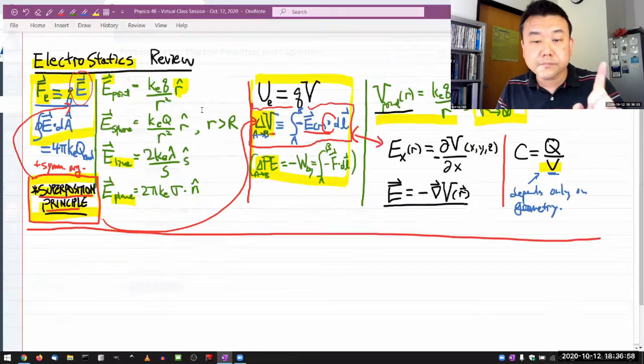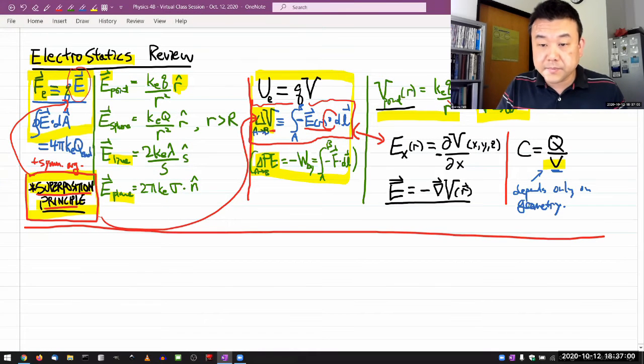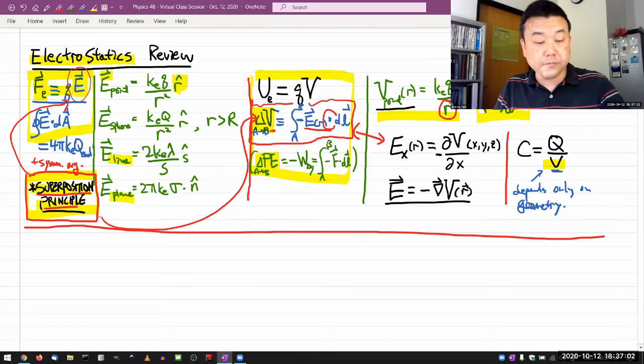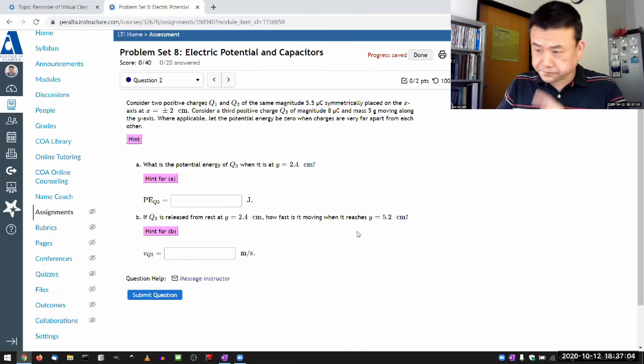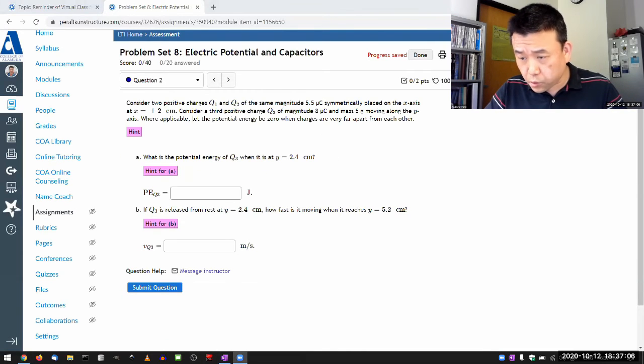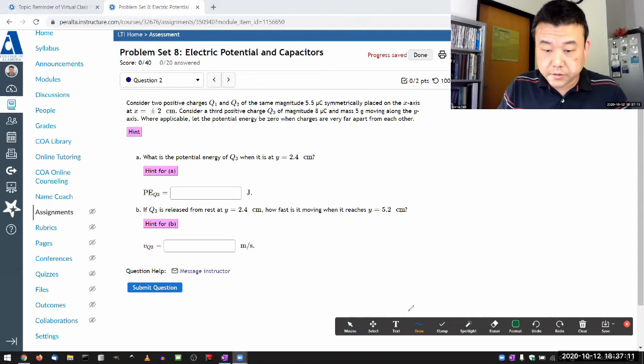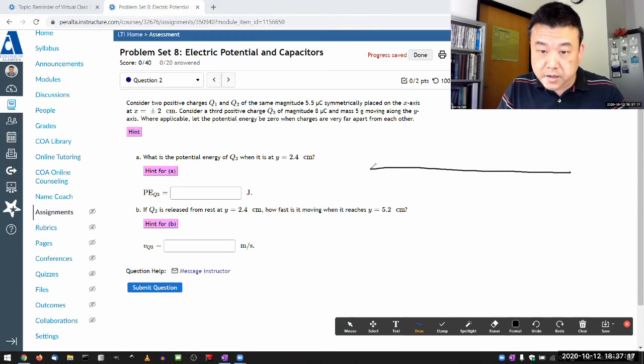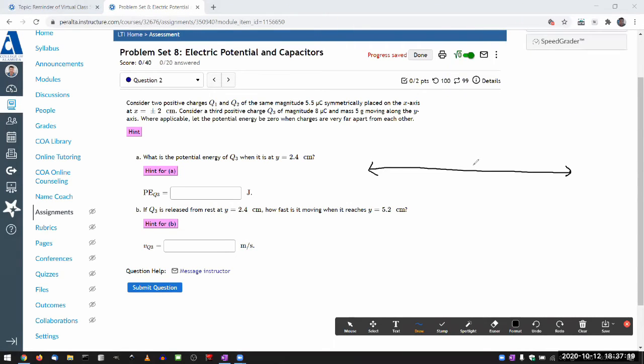One thing you do have to do is mind what this R means. It means the distance from the charge. I won't go through the whole question, but as a quick illustration, it's describing two positive charges that are symmetrically placed on the x-axis.